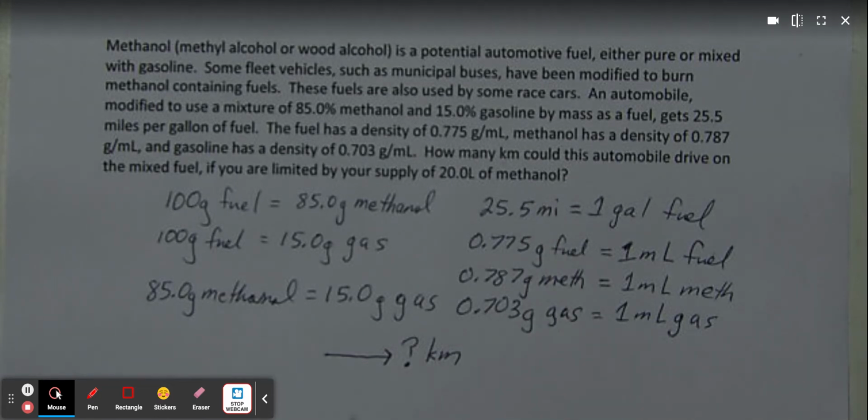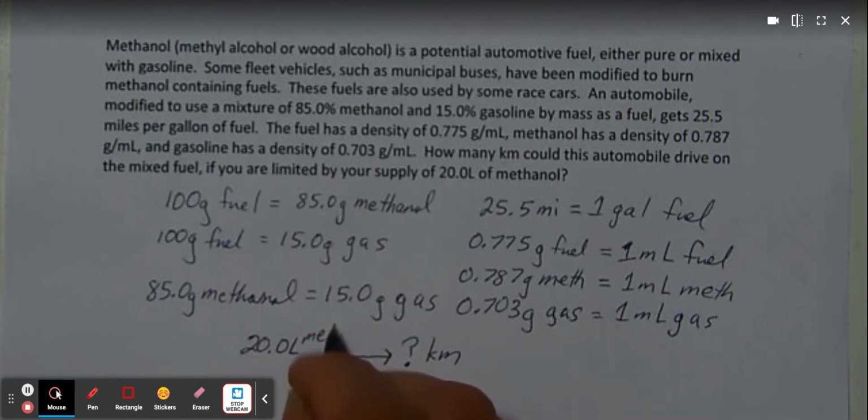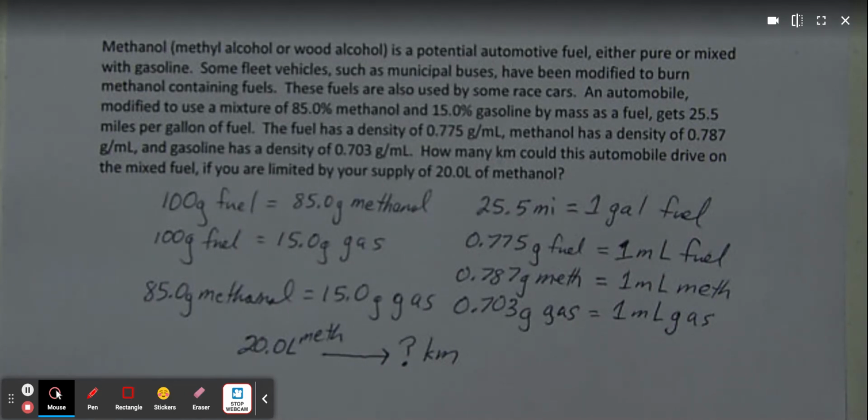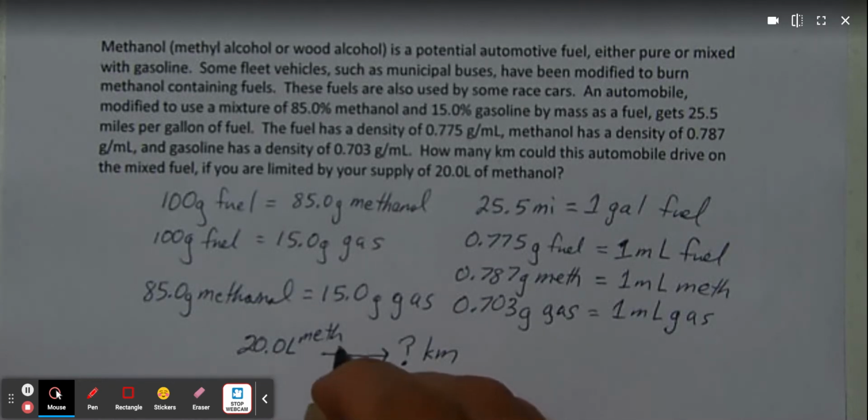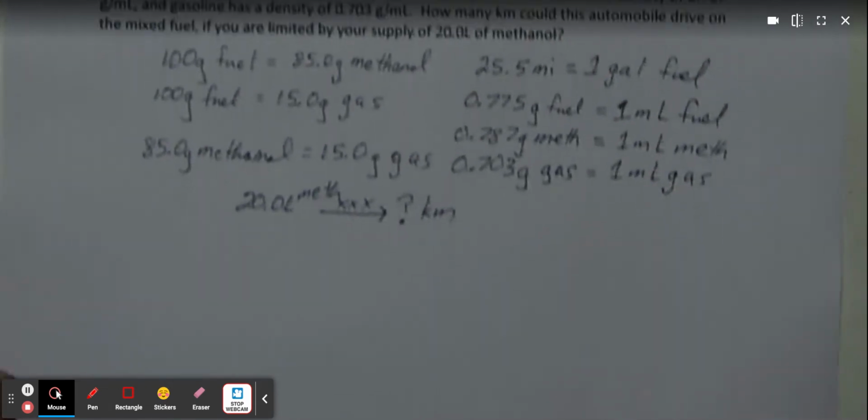So we begin with 20.0 liters of methanol. Now all we need to do is start with 20 liters and multiply by conversion factors until we get to kilometers. Okay, so let's get started.